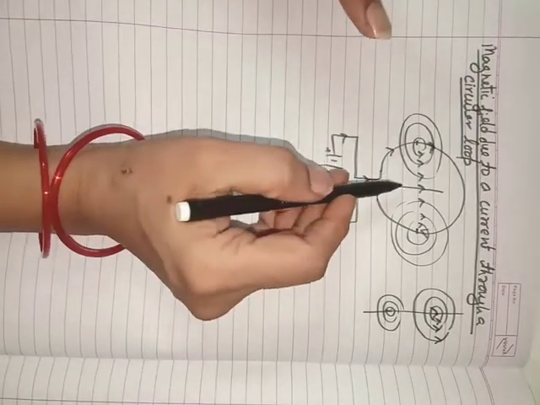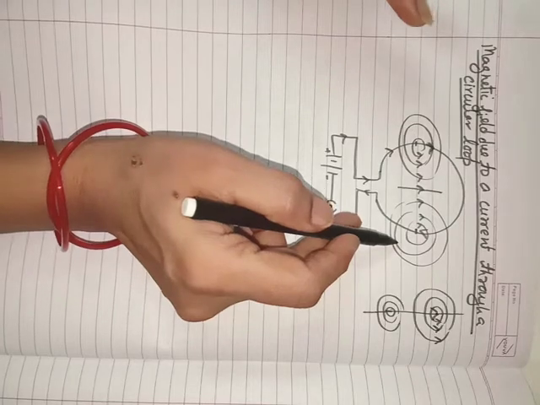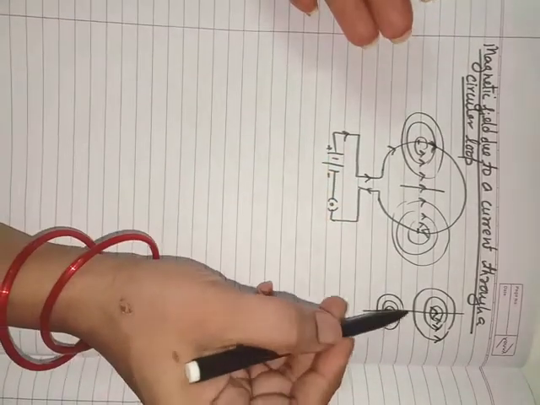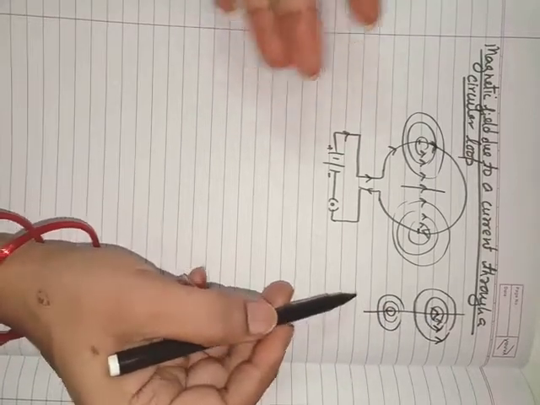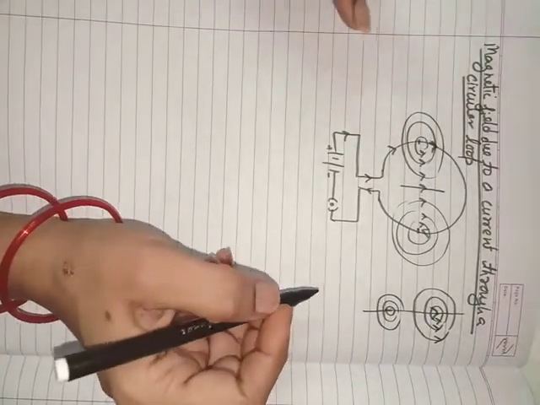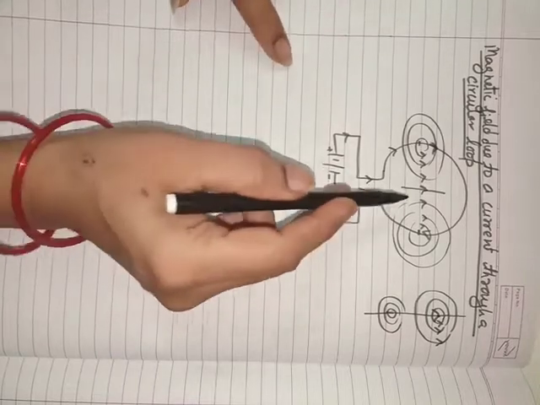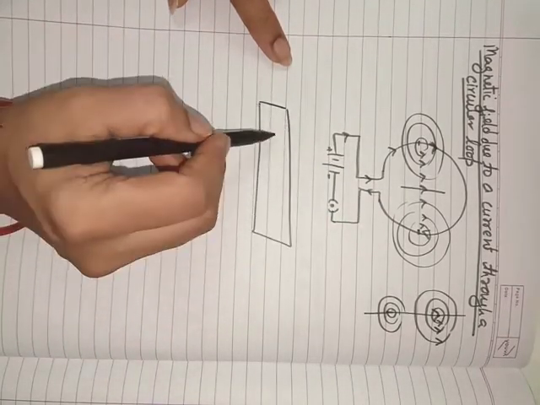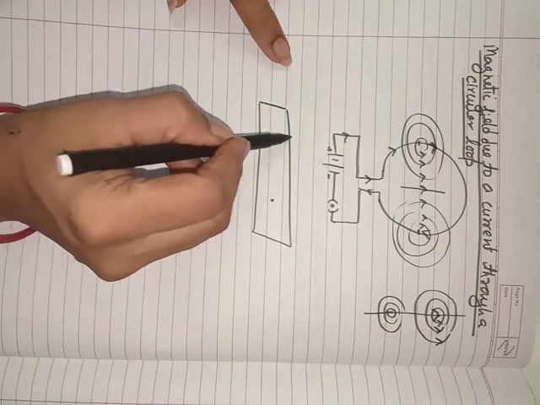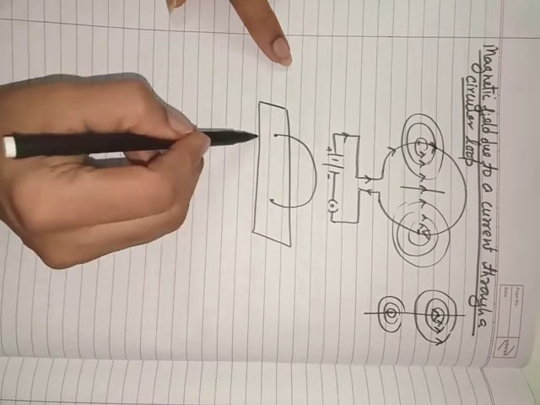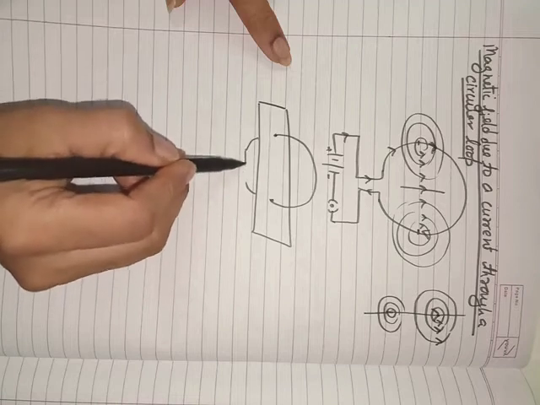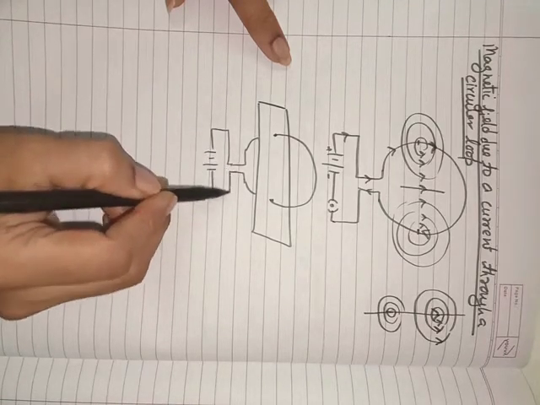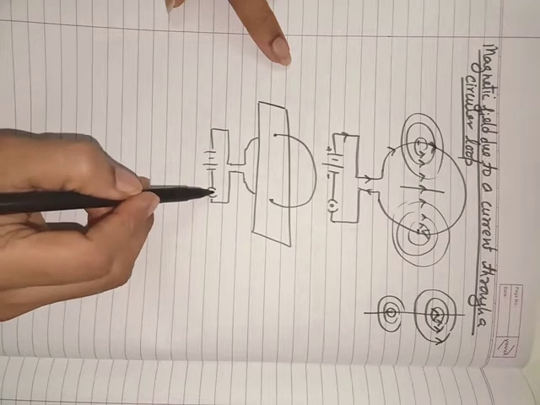We can also find the direction of this magnetic field, like in the last activity where we found the direction of the magnetic field by using a wire and a cardboard. The same activity can be performed for this loop. Suppose this is a cardboard. Make two holes here, pass the loop through the cardboard, and connect it with the battery or cell and the switch.